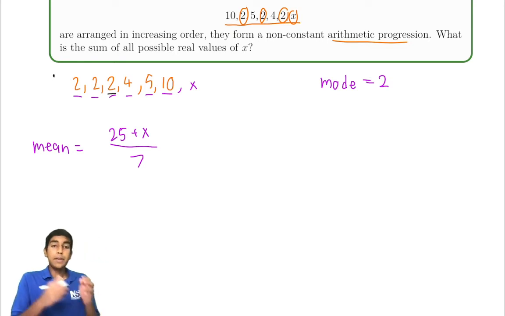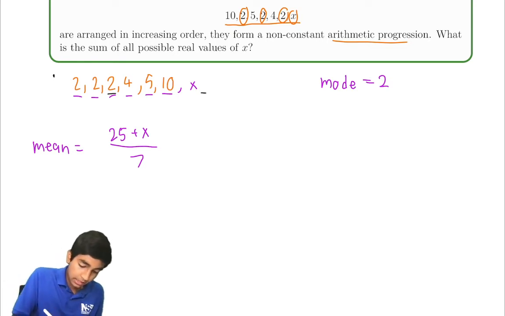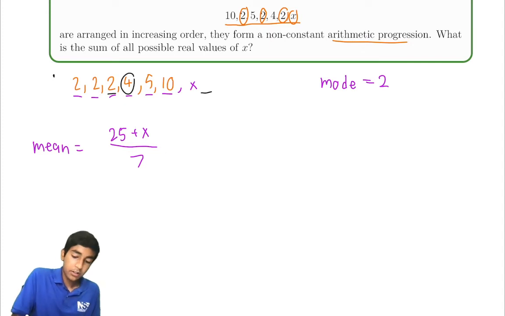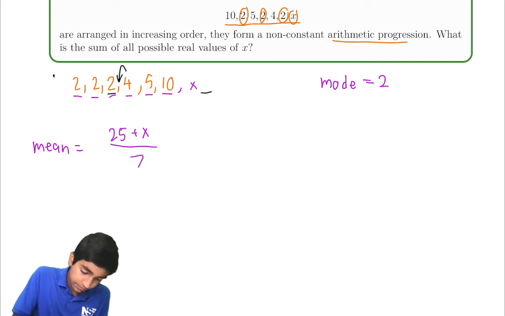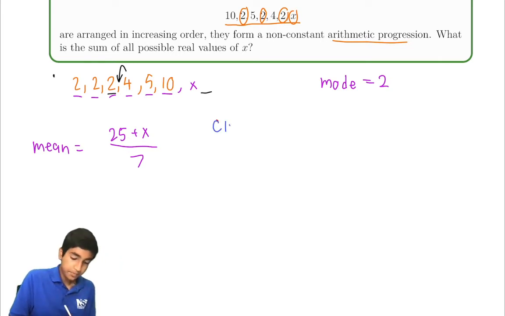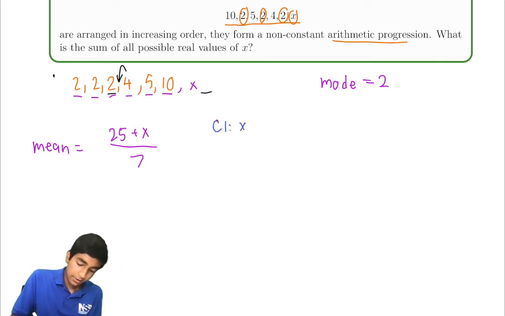If x is very big, then the 4th term will be 4. So we know that the median can be 2, 4, or even x if x is in the middle of these two things. So those are generally the 3 cases we consider. Case 1: x less than or equal to 2.